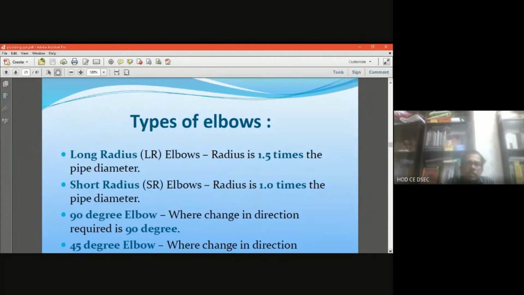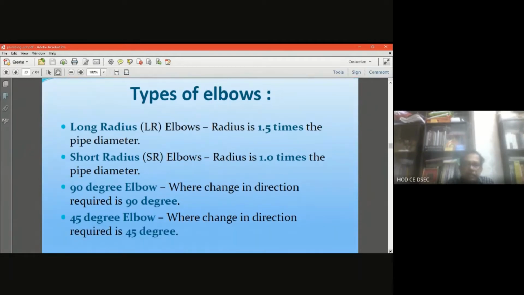Now, what are the types of elbows? Long radius elbows: the radius is 1.5 times the pipe diameter. Then short radius elbows: the radius is 1 times the pipe diameter.